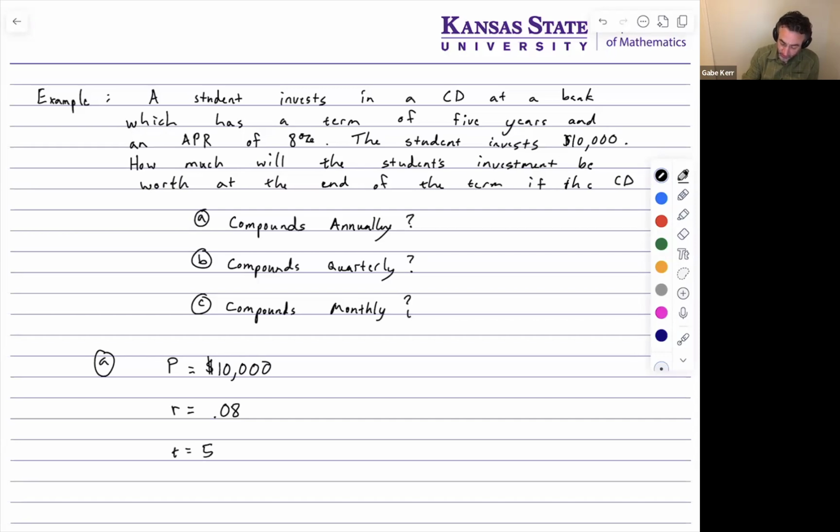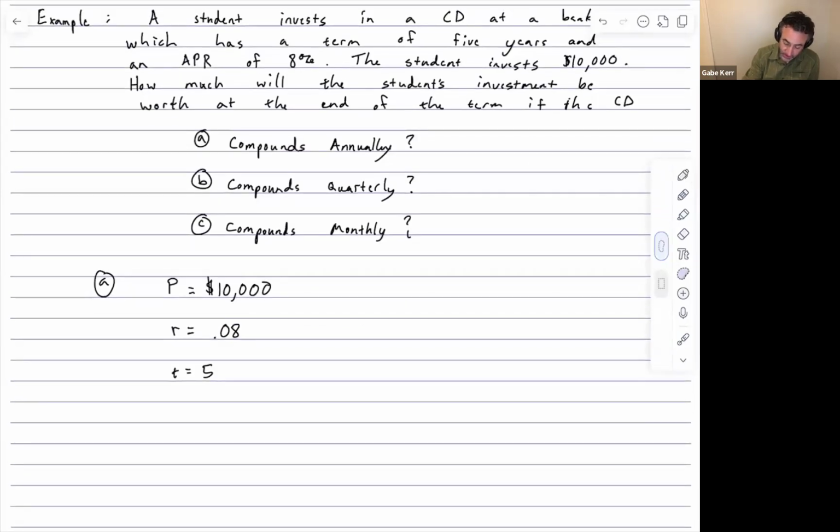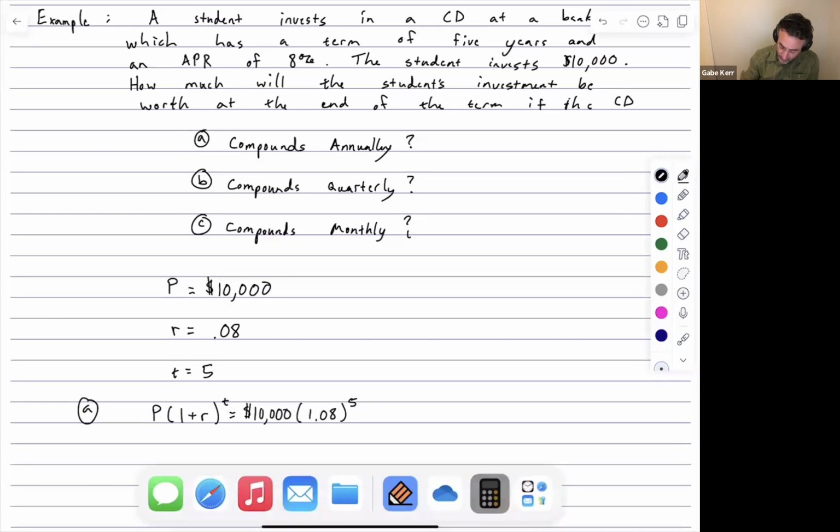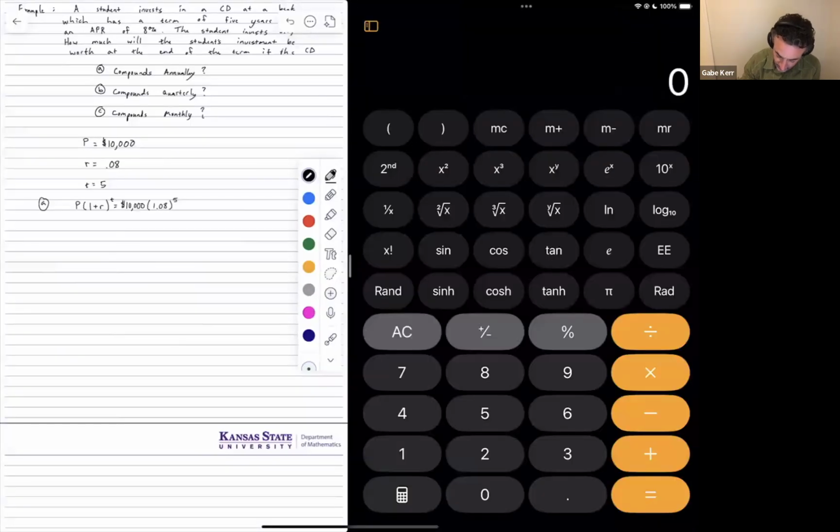So this formula for A is going to give us our answer, and we can start it down here because that's not going to change. It's just P times 1 plus R to the T, which is 10,000 times 1.08 to the fifth, with dollars here. And here you're going to want the use of a scientific calculator.